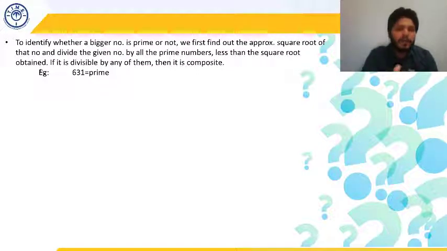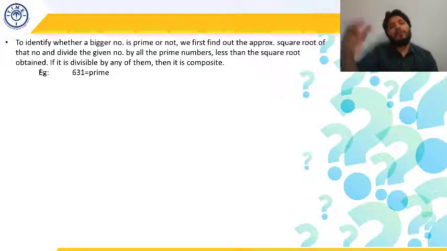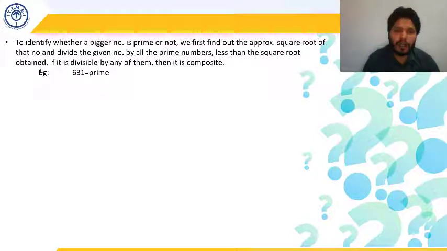So what are the prime numbers which are less than 25 point something? It is going to be 2, 3, 5, 7, 11, 13, 17, 19, 23. Till 23 we need to check only. So if it is divisible by any of them till 23, then it is a composite number. And if it is not divisible by any of them, then it is going to be prime. It is not going to get divided by any other number after that.